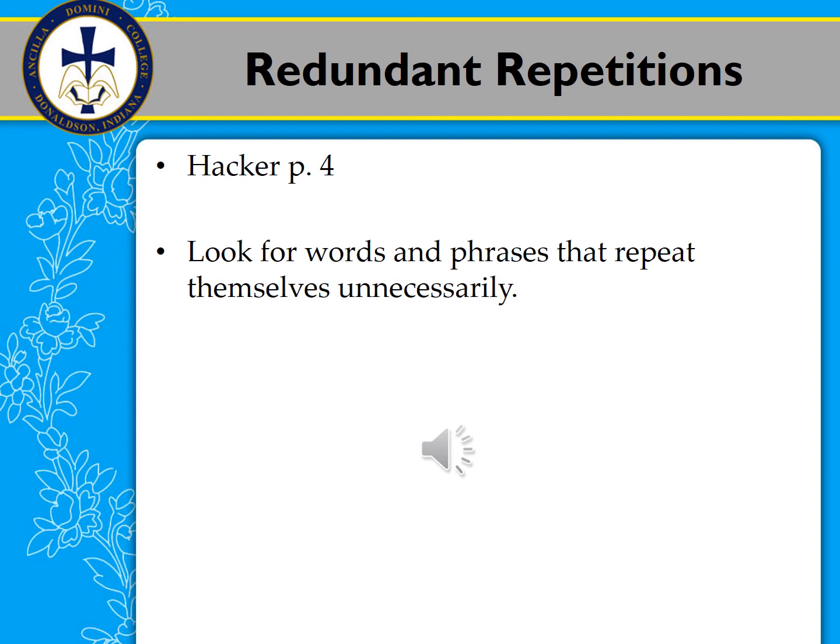Think about that, cooperate. Well, who are you going to cooperate with if you're not cooperating together? Obviously that's the only way to cooperate. Yellow in color. Well, yeah, yellow is a color, so you don't need to say it was yellow in color. You just say it was yellow. Basic essentials, and that's one that we use a lot. But again, essentials generally are pretty basic, so we don't need to say both words there.